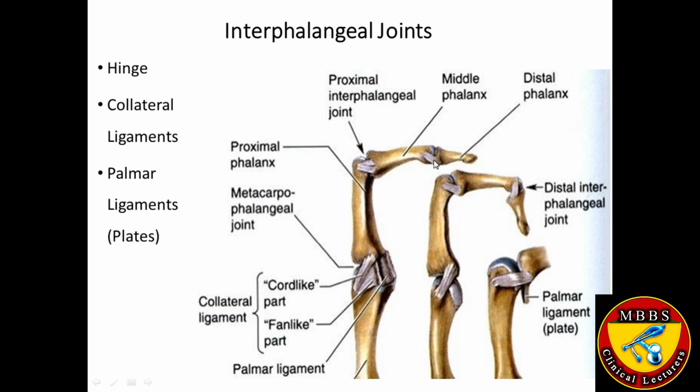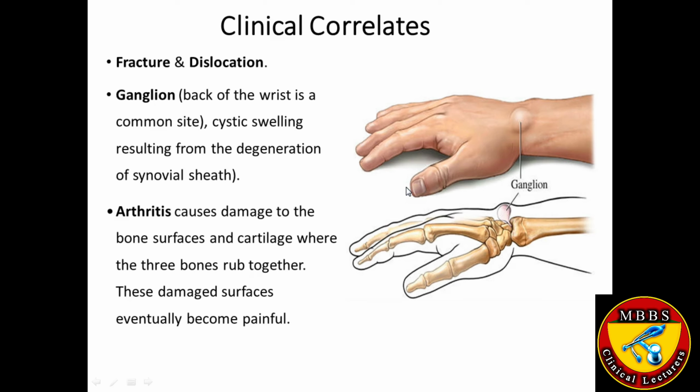Interphalangeal joints are the hinge variety, and they are supported by the collateral ligament over here and the palmar ligament over here. You can see that is the palmar ligament, and that is forming the plate supporting the structures of the interphalangeal joint.